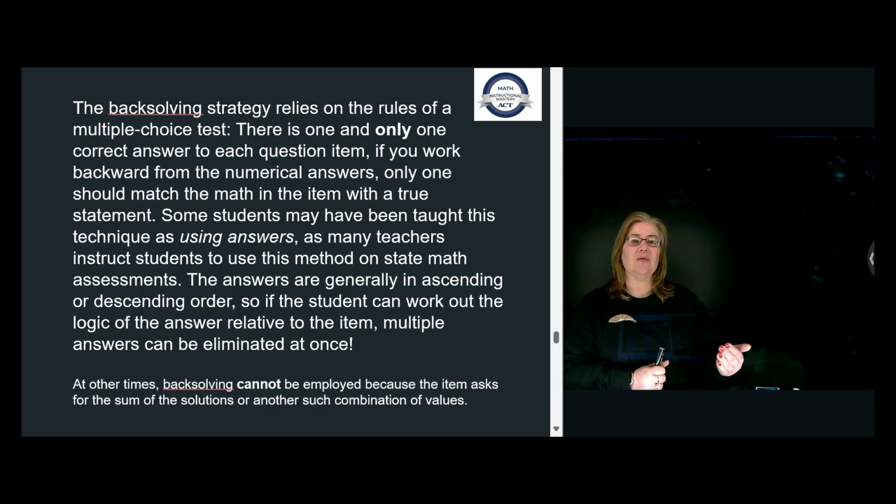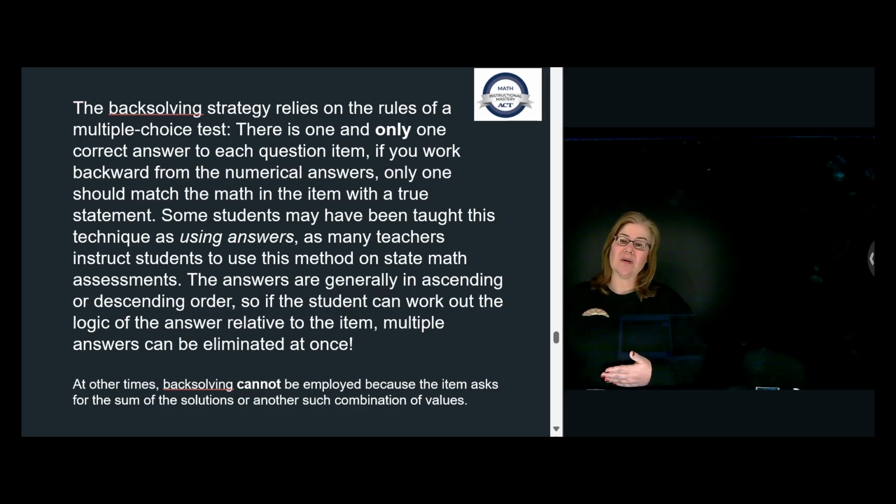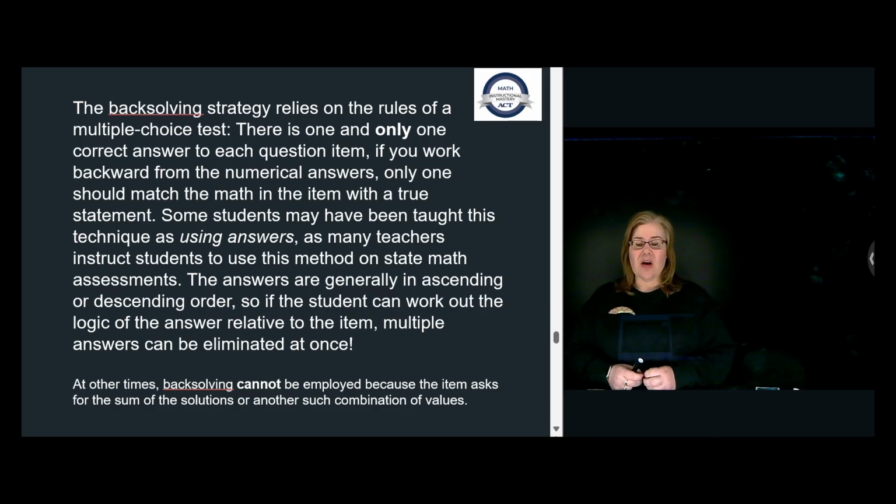Maybe different teachers teach you this type of problem, just work backwards, you can get the answer, stuff like that. So there is a method to the madness, so to speak. The answers are generally in ascending or descending order. So if you can work those backwards logically, you will be able to find the possible answer through the multiple choice by eliminating the ones that could not possibly be the answer.